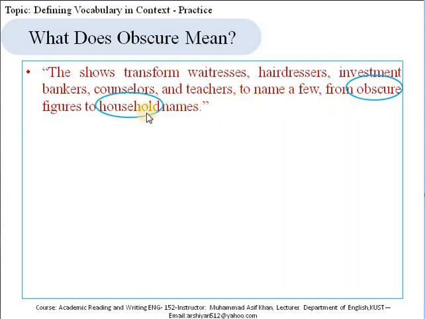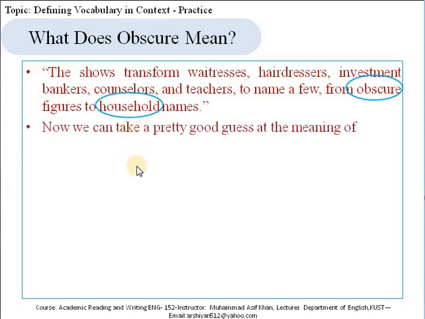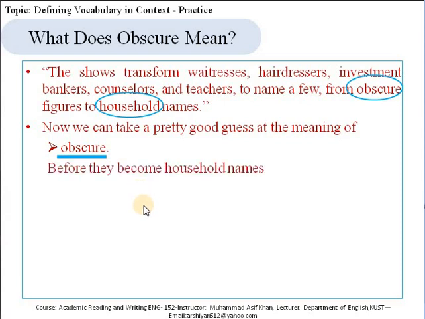Furthermore, we know from the sentence that the people under discussion are involved in typical everyday jobs, waitresses, hairdressers, bankers, etc., and that from this position they are transformed into household names, which means they achieved some level of fame and notoriety.